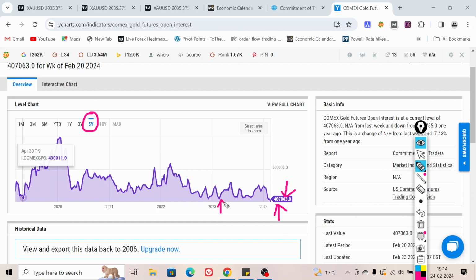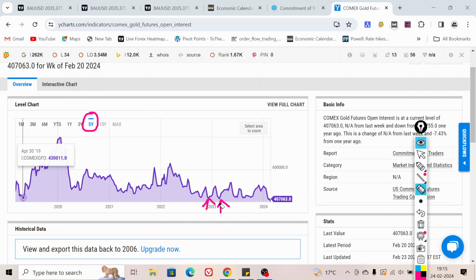But as it is at a very low level, it means the trend is not strong enough on either the buy or the sell side. So we have to wait for more data from the open interest, but as per the current sentiment from the open interest, it is in the bulls' favor.